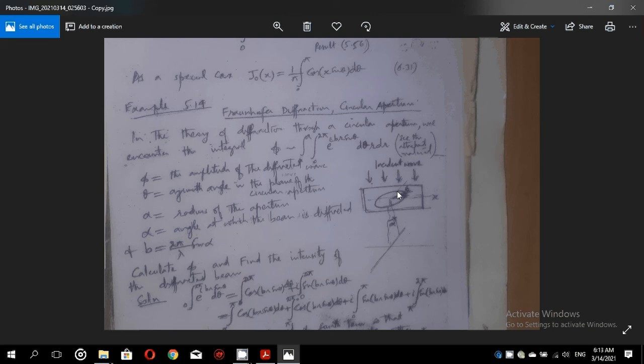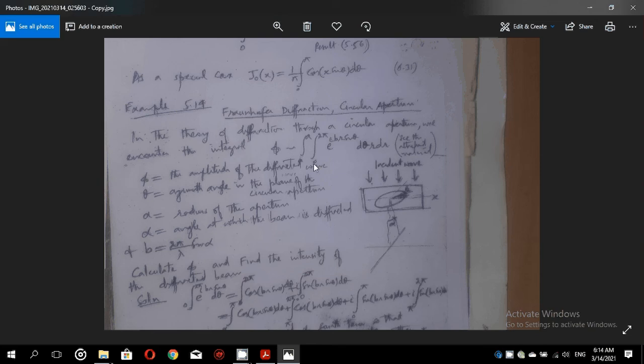Here we have a circular aperture, and we have an incident beam which is diffracted through an angle alpha, and with the parameters shown here, we get the amplitude of this Fraunhofer diffraction given by this expression, that phi is the integral from 0 to a, and another integral from 0 to 2 pi of e to the power i b r sine theta d theta r dr, where b is given by 2 pi over lambda into sine alpha.